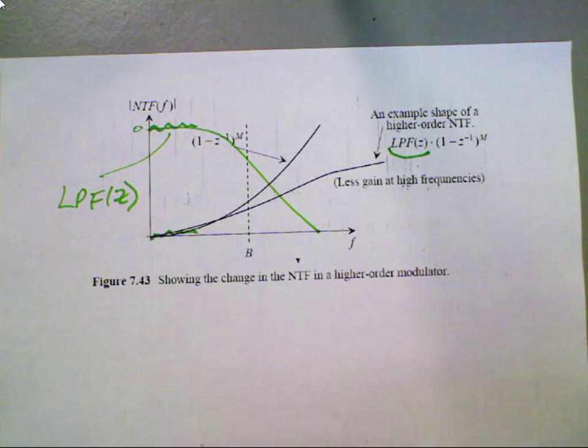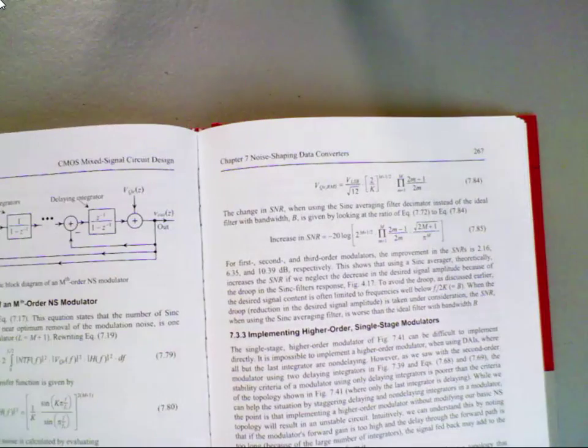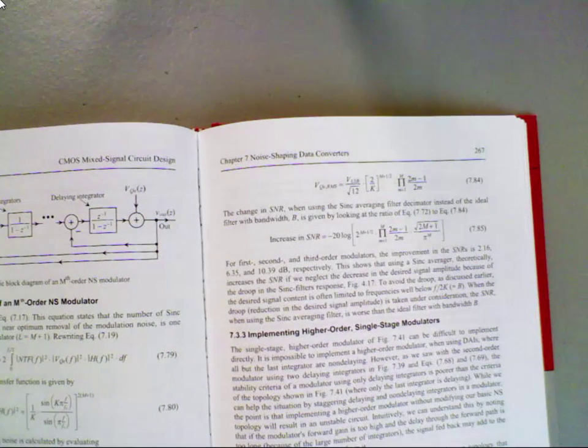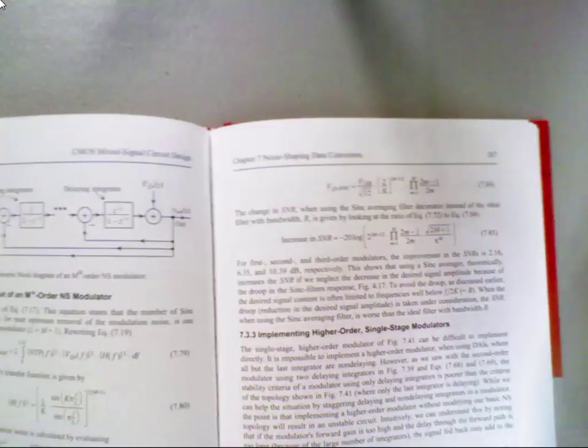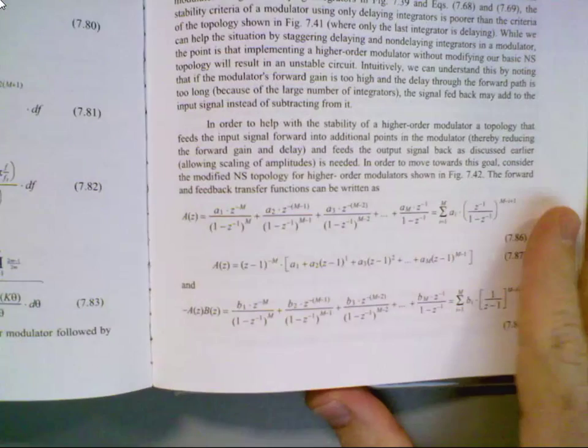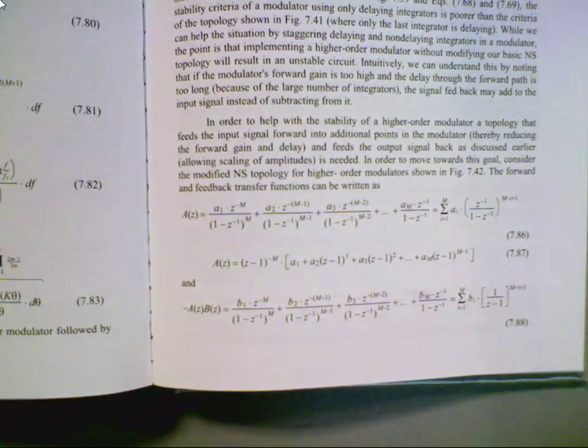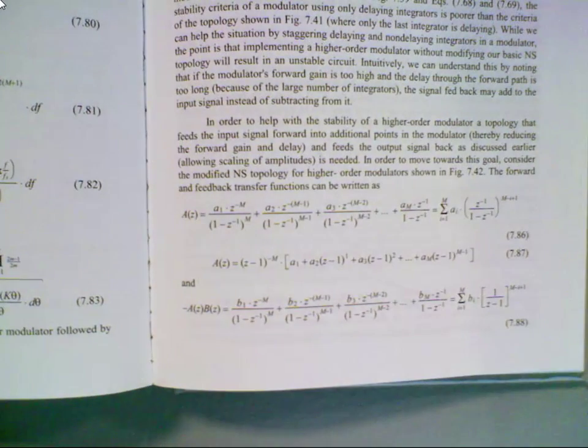All right, so let's talk about how you select these coefficients here, the A's and the B's. And there's a ton of software available for doing digital signal processing. So if you feed forward the coefficients, remember our A of Z before? It was this.